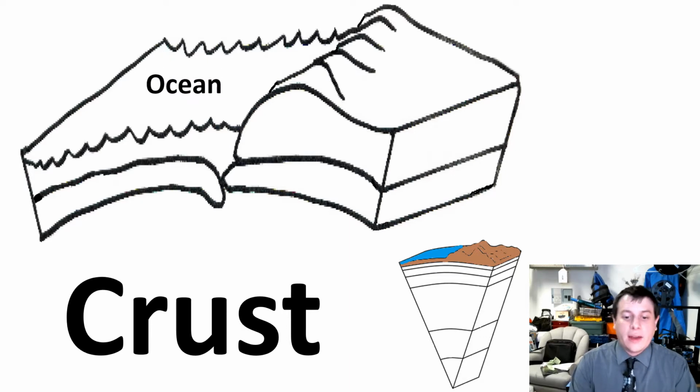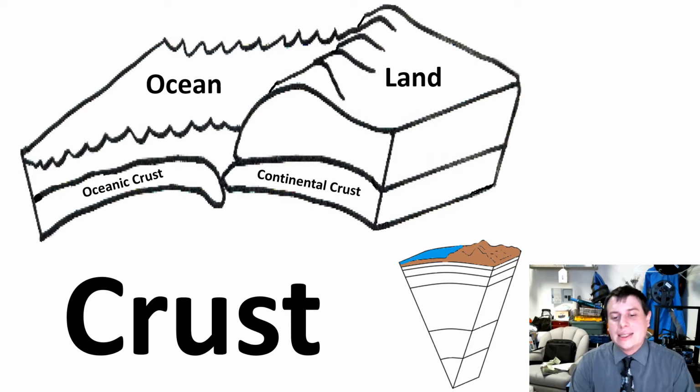It is where you'll find the hydrosphere, so you get the oceans there, and then you get the land, and it is shaped by tectonic forces, and this outermost part is where you, me, and everything we know is going to live. Under the oceans, it's called oceanic crust, and under the land, it's called continental crust. These do both move around and they interact with each other, and we'll talk about that when we talk about earthquakes and volcanoes.